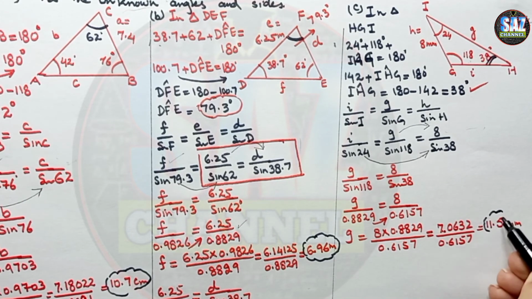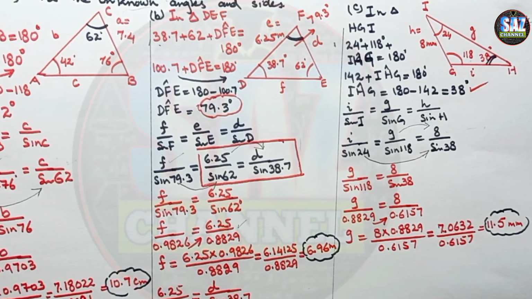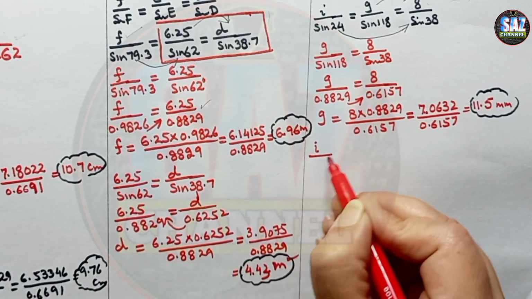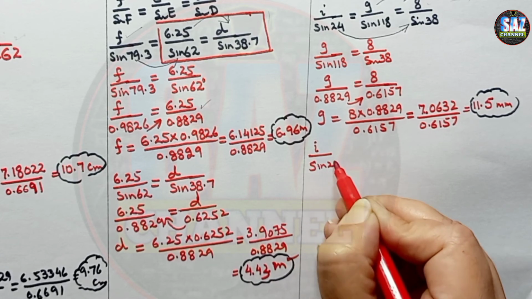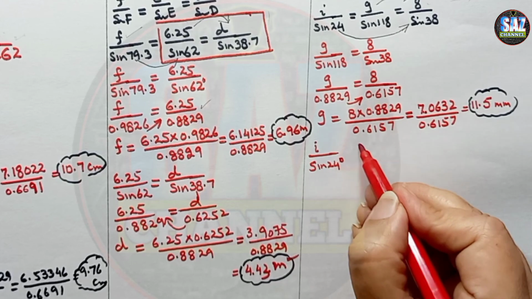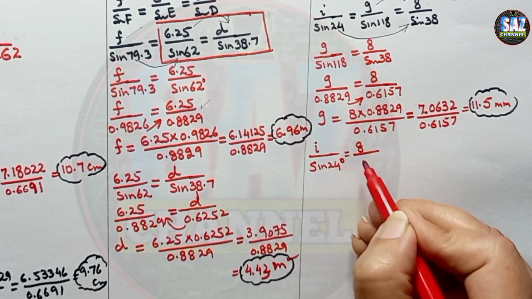Let's move to the second unknown, that is i. Again I will take i upon sine 24 degrees equals 8 upon sine 38.